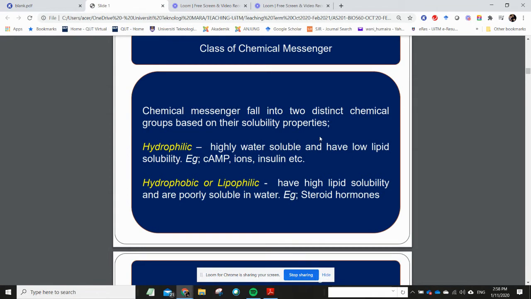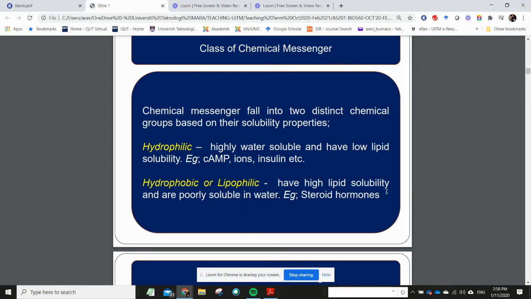The chemical messenger can fall into two distinct chemical groups: hydrophilic and hydrophobic. Hydrophilic, highly water soluble and have low lipid solubility. Hydrophobic, vice versa, have high lipid solubility but poorly soluble in water. Example for hydrophilic: ions, insulin hormones, cAMP, cyclic adenine monophosphate. Okay, enzyme.